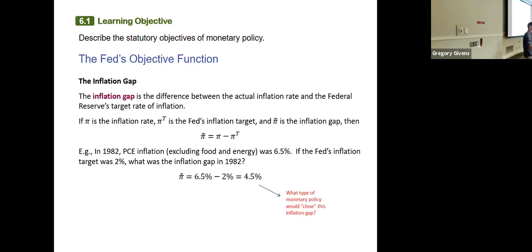What kind of monetary policy would we want to implement in order to close the inflation gap? An expansionary or a contractionary policy? A contractionary policy: raise interest rates, slow down economic growth, and put downward pressure on prices to bring inflation back down towards target.